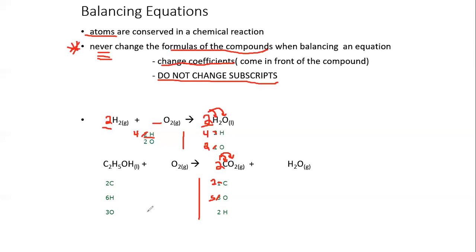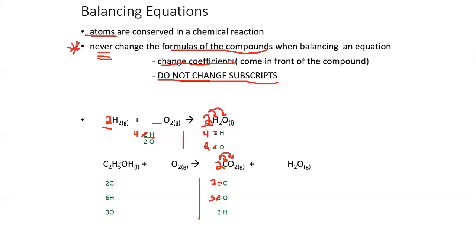The next tip is when you have 2 or more elements that need to be balanced, it's best to balance the element that only occurs in one product and reactant versus an element that occurs in multiple products and reactants. So let me say that again. It's always better to balance elements that occur in one reactant and product, then balance the ones that occur in multiple reactants and products.